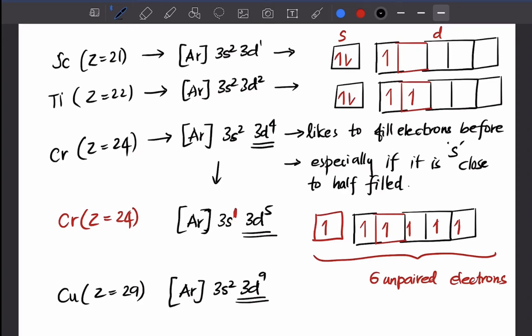So what happens is it fills the d orbital before the s orbital. So this ends up having an electronic configuration for copper of Z 29 of argon 3s1, 3d10.